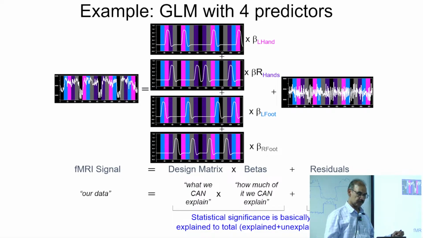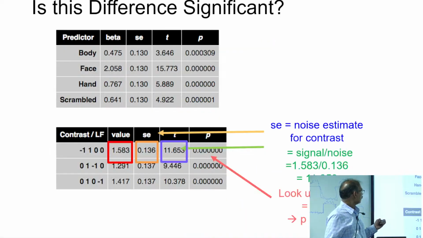Okay, and so if there was a body, face, hand, and scrambled object, then let's say the beta was these values and these were the standard errors, then we can find the t value and consequently the p values, right?